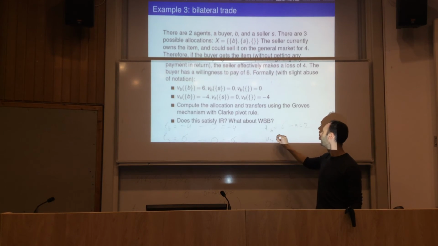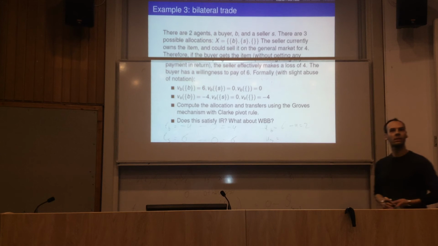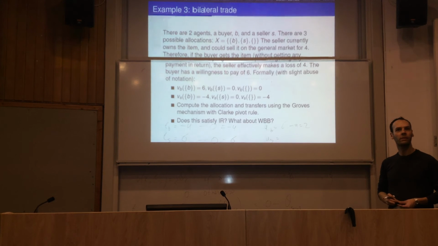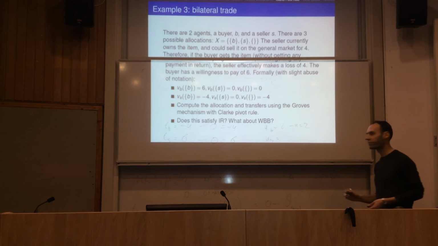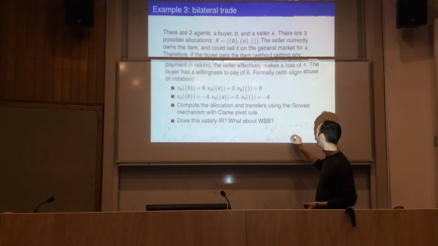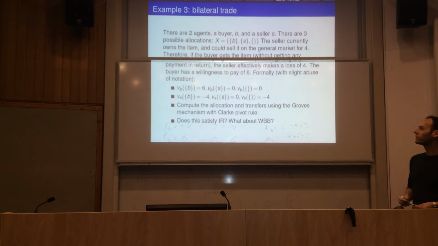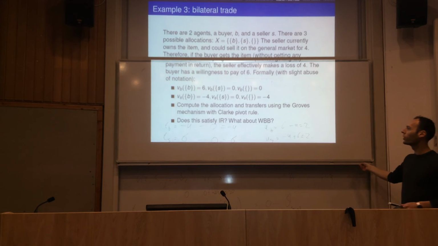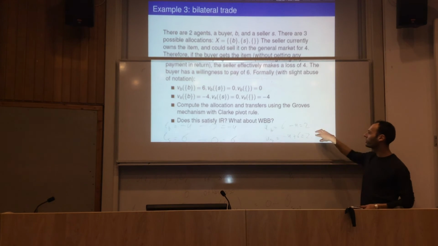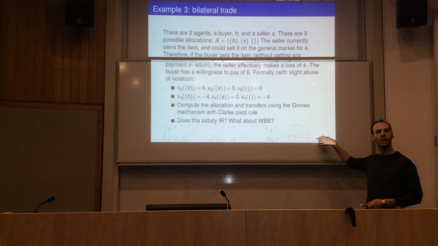What about the seller's utility? -4 plus 6. So what's curious is that we can see it is individually rational. They both have the utility of 2.